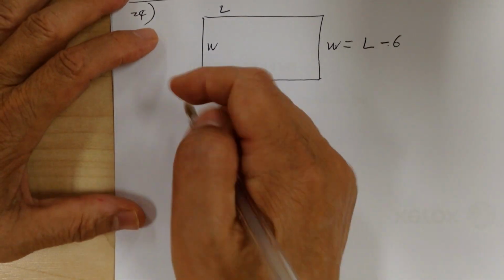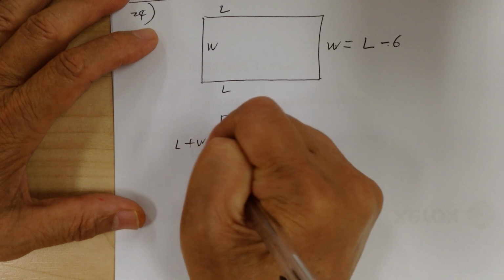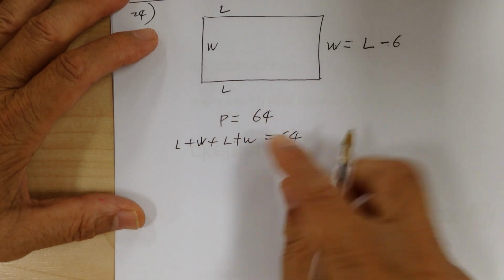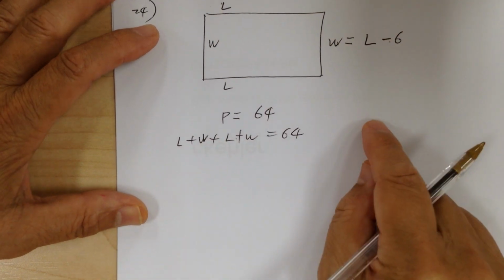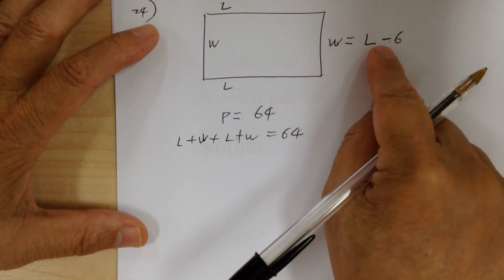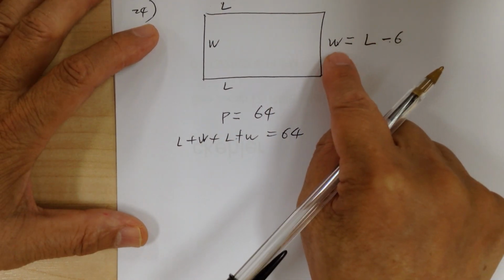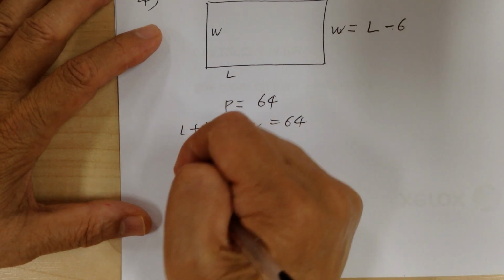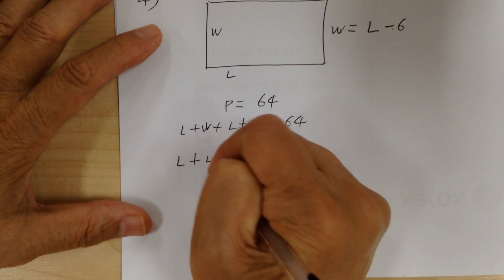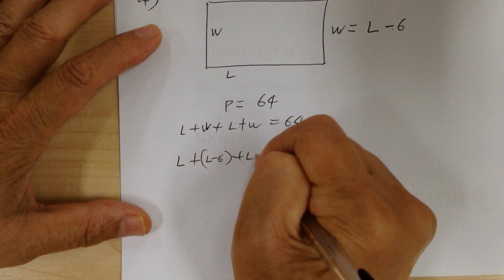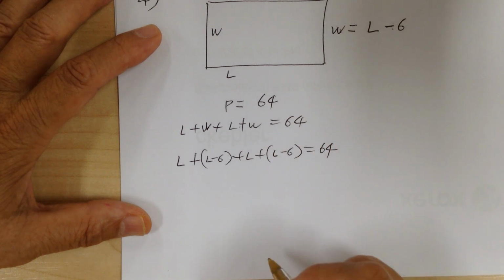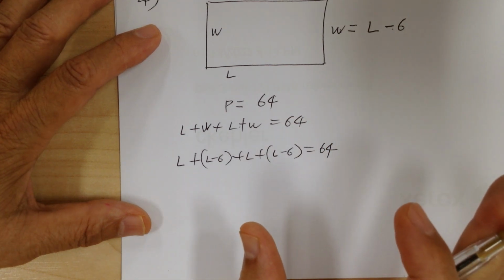So perimeter is equal to length plus width plus length plus width. That's what the perimeter means, all 4 sides. Then you can substitute this into here. The width is L minus 6. When you have equal, you substitute. So you're going to get L plus L minus 6 plus L minus 6 equal to 64. And that's as far as you need to go.